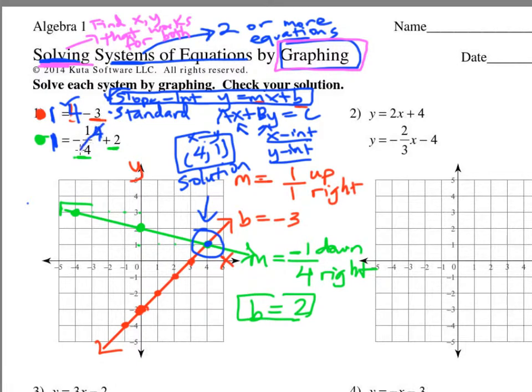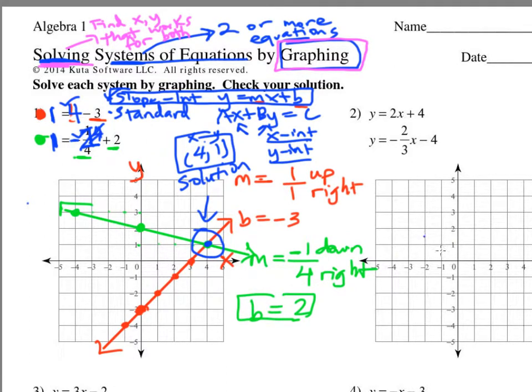These 4s are just going to cross each other out. So we're left with just -1. -1 plus 2. Does that give you 1? -1 plus 2, it does. So you can tell that the only combination of numbers that works for both of these is x is 4, y is 1, or 4, 1.